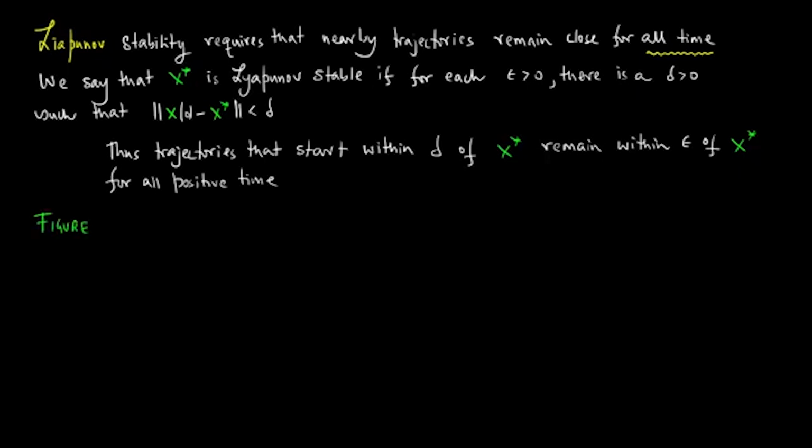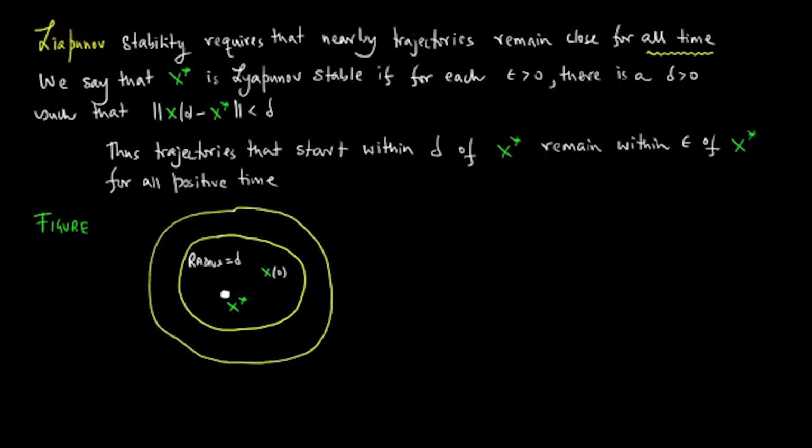Now we construct a figure to depict Lyapunov stability. You've got x star, you have x naught. We have a radius of size delta and a radius of size epsilon, and that's your trajectory.